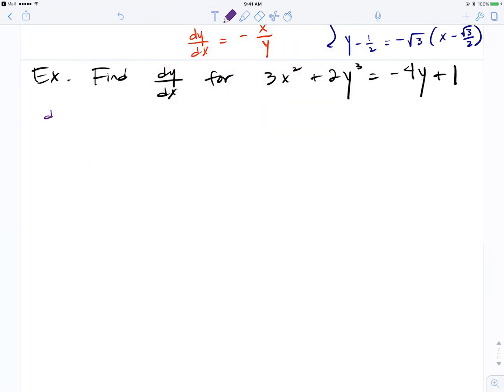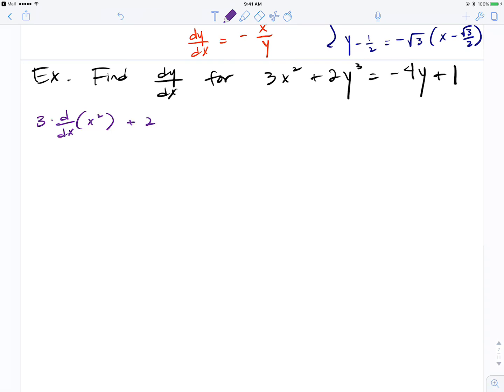So I'm going to show that I'm taking the derivative with respect to x of each term. Now here I could actually pull the constant out front, and that goes back to when we first started talking about rules of differentiation. We're allowed to pull that constant out front and then just take the derivative of x squared.